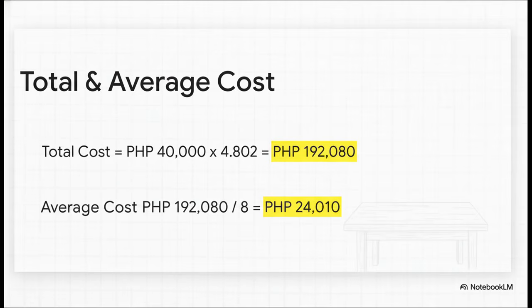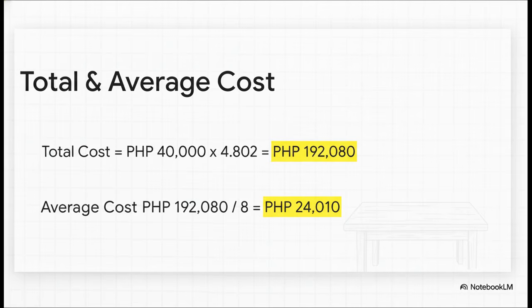Let's apply this superpower to resolve our local furniture shop problem. We know their first table cost 40,000 pesos, and they're riding a 75% curve. To find the total cost for all 8 tables, we just find the cumulative factor for Unit 8 at 75% in Table B2. That factor is 4.802.